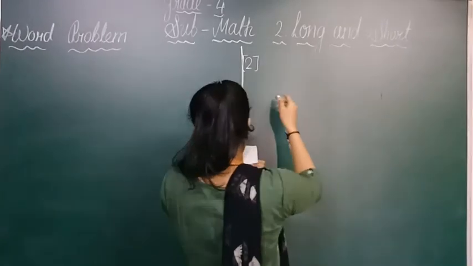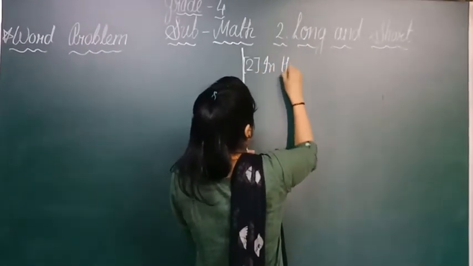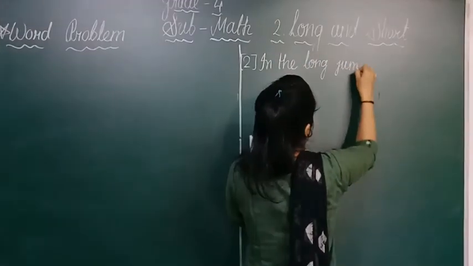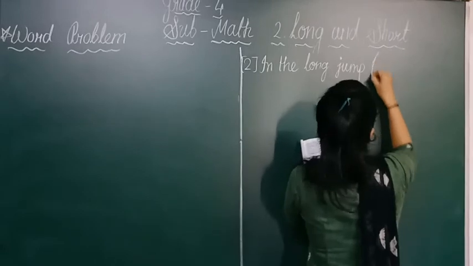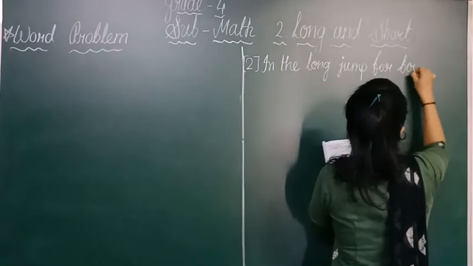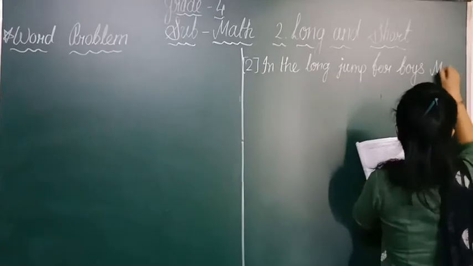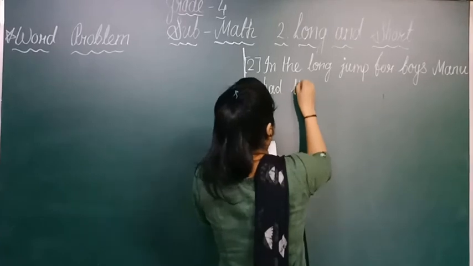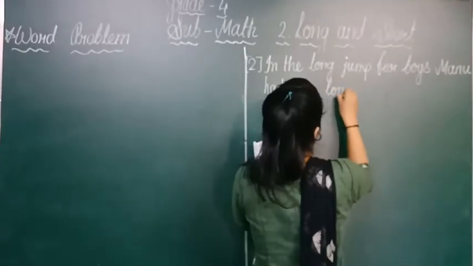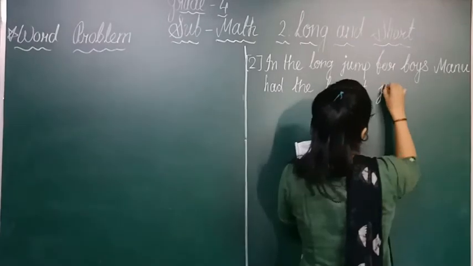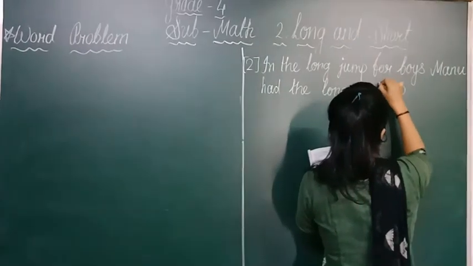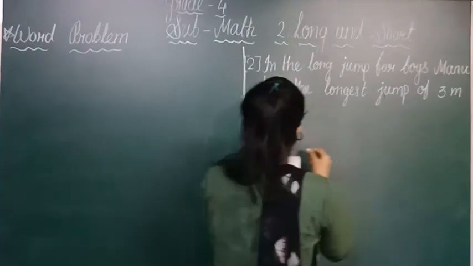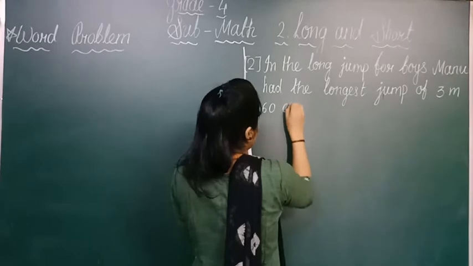Number 2 question is a little bit big for you. In the long jump for boys, Manu had the longest jump of 3 meter and 60 centimeter.